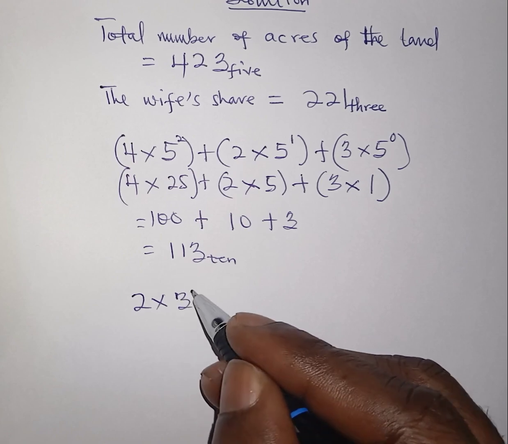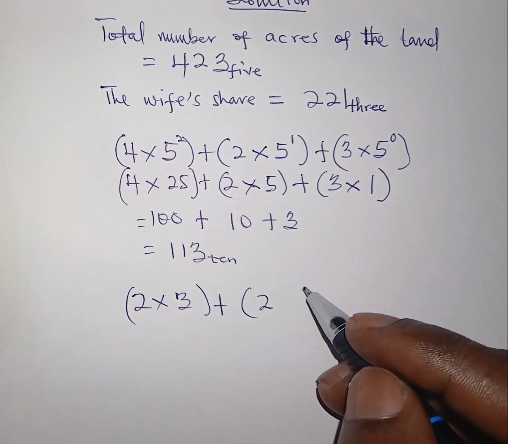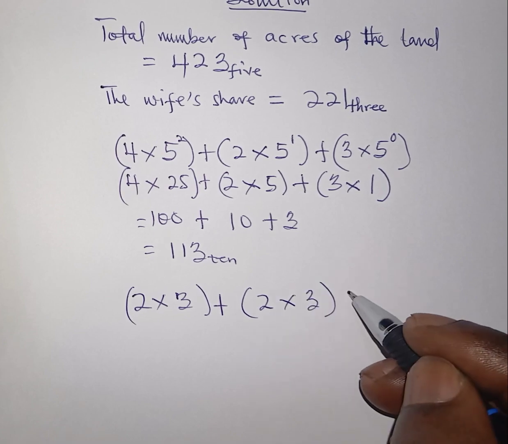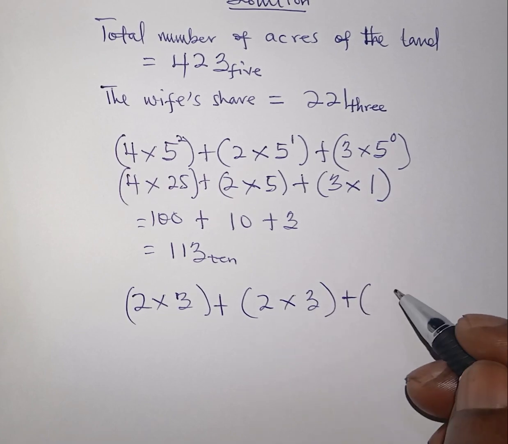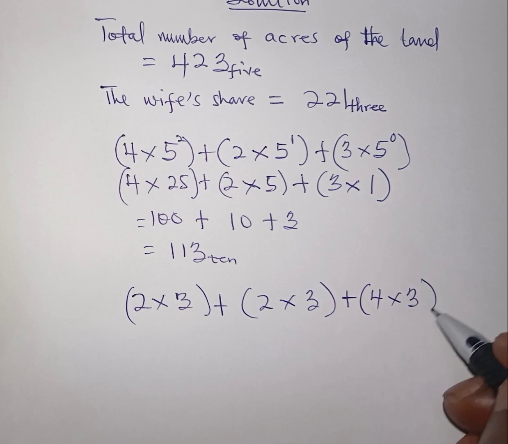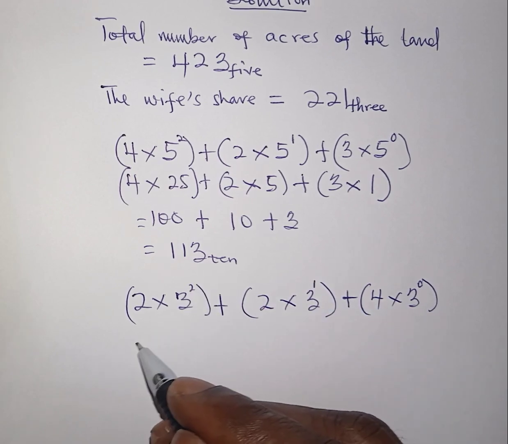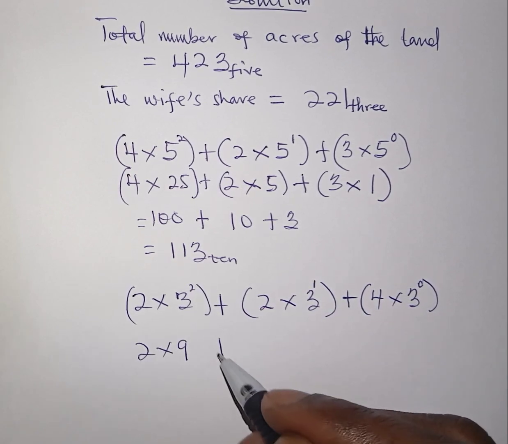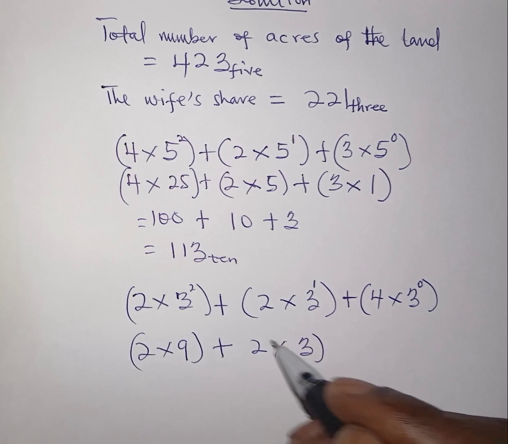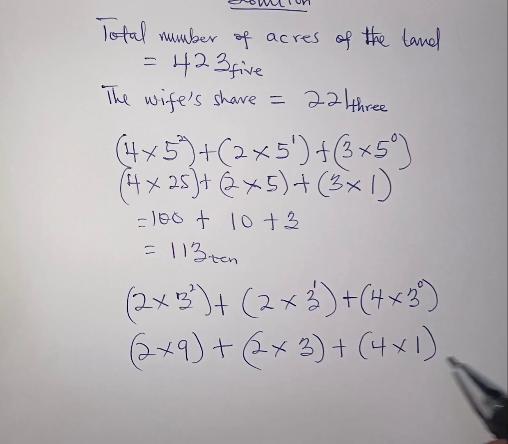So 2 times 3 exponent 2, plus 2 times 3 exponent 1, plus 1 times 3 exponent 0. That is 2 times 9 plus 2 times 3 plus 1 times 1.